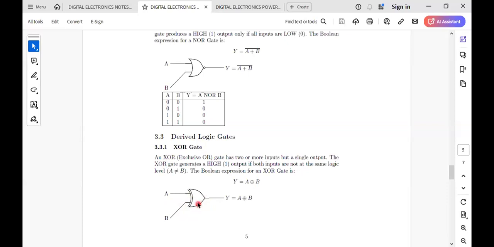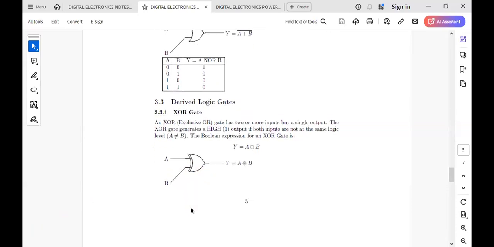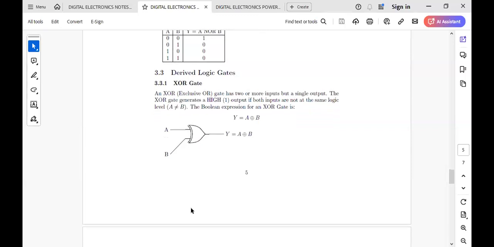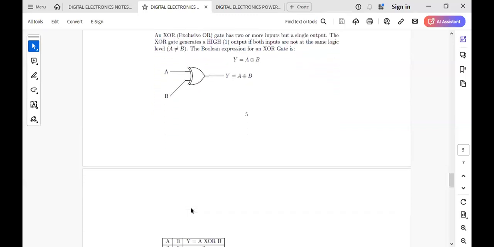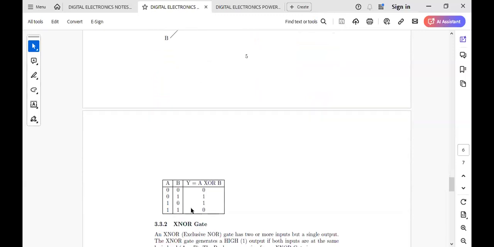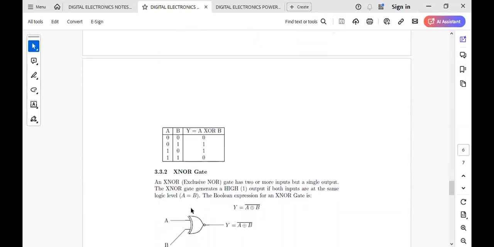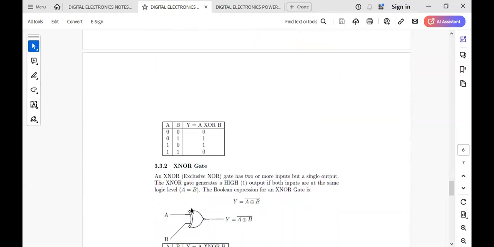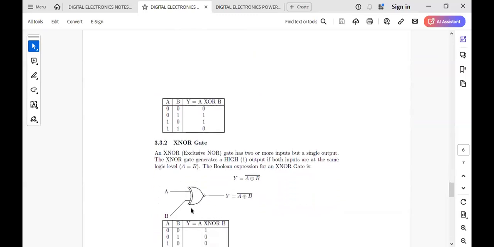You can have it as a straight line, not necessarily a bending. Here I was trying to draw the diagrams using coding. And then for XNOR, which we have looked at, the symbol is still that one.